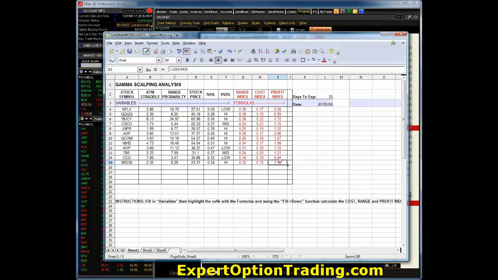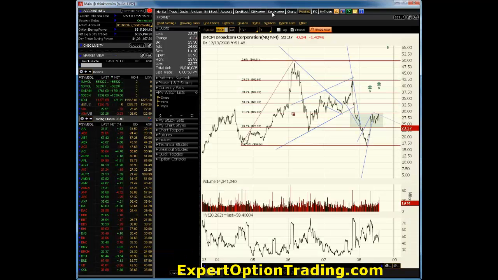And at the very lowest end is Clear Channel Communications at 0.51. And it looks like the reason for that extremely low profit index is the range. The range here is extremely low. Even though the at-the-money straddle is only $1, the range in which the Thinkorswim platform is predicting its movement is also extremely low.